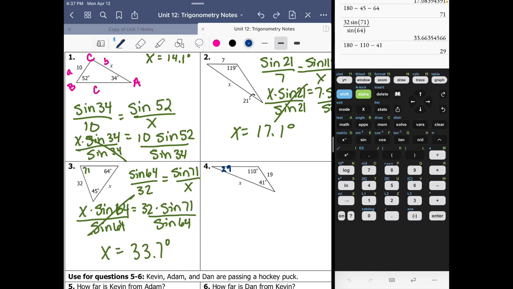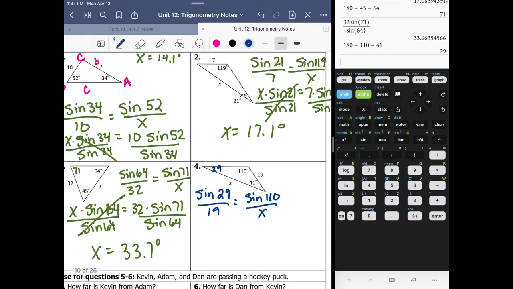On this one, the 19 didn't have its mate. I know this is a strange looking triangle because it's obtuse, but 19 goes with 29 and 110 goes with x. So we're going to have the sine of 29 over 19 equals the sine of 110 over x.